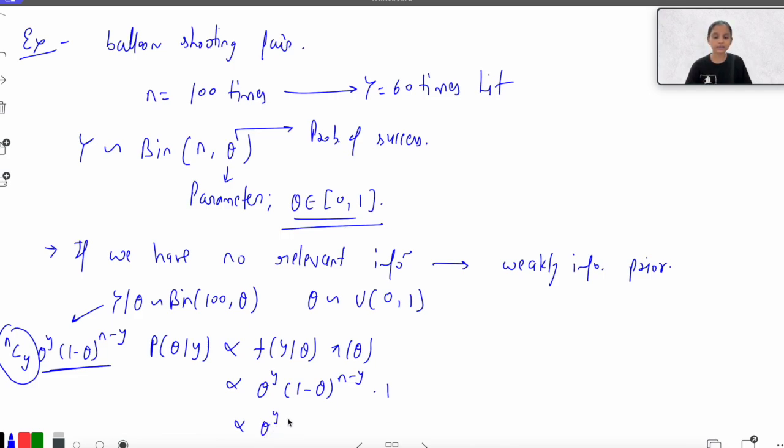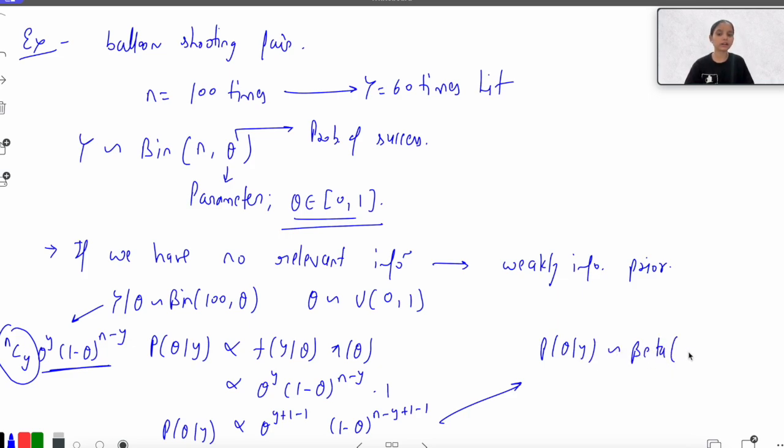If I rewrite this distribution, it is theta raised to the power y plus 1 minus 1 and 1 minus theta raised to the power n minus y plus 1 minus 1. Now if you recall, this is the beta distribution. Your p of theta given y is following a beta distribution with the parameters y plus 1 comma n minus y plus 1. What is a beta distribution? If you don't remember, a beta distribution is one whose range is from 0 to 1.